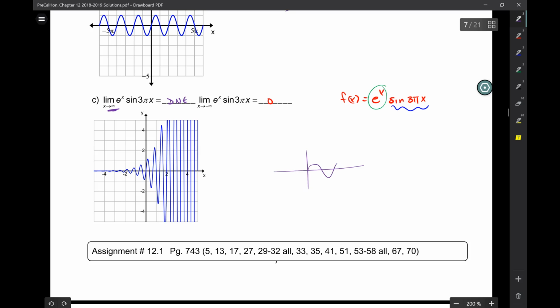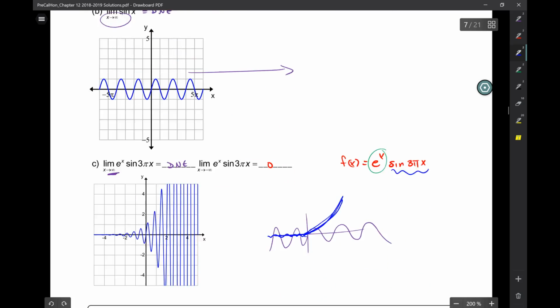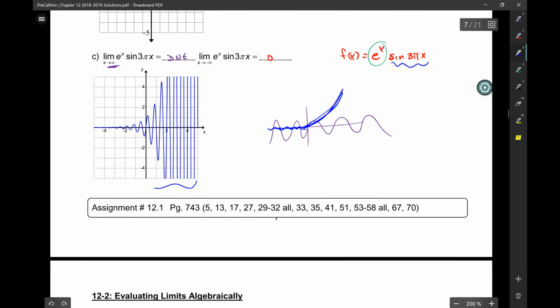So sine of x looks like this, and e to the x looks like this. Now, when you combine these, e to the x goes to 0, so whatever function it combines with must go to 0. Do you see how this is the married version of e to the x and sine of x?